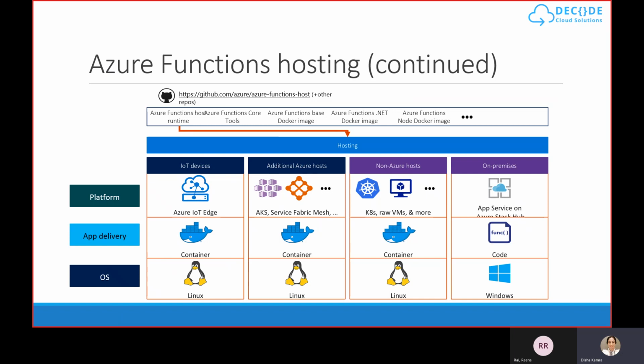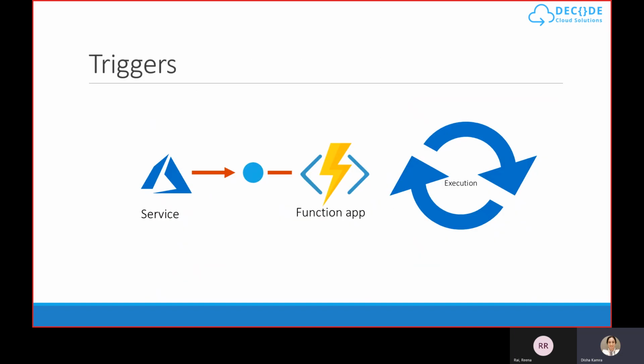It also supports Azure services that support containerization, which are Azure Kubernetes Service, Service Fabric, or Azure Container Instances, or your non-Azure host, which can be Kubernetes, a virtual machine, another cloud provider, or your on-premises by using the app service on Azure Stack.